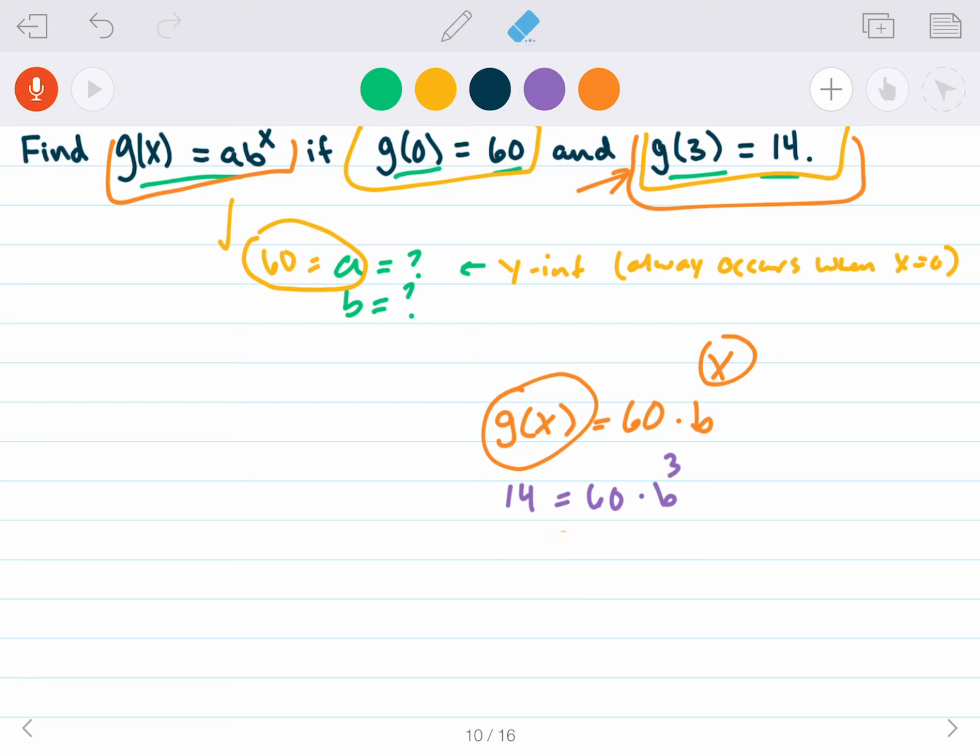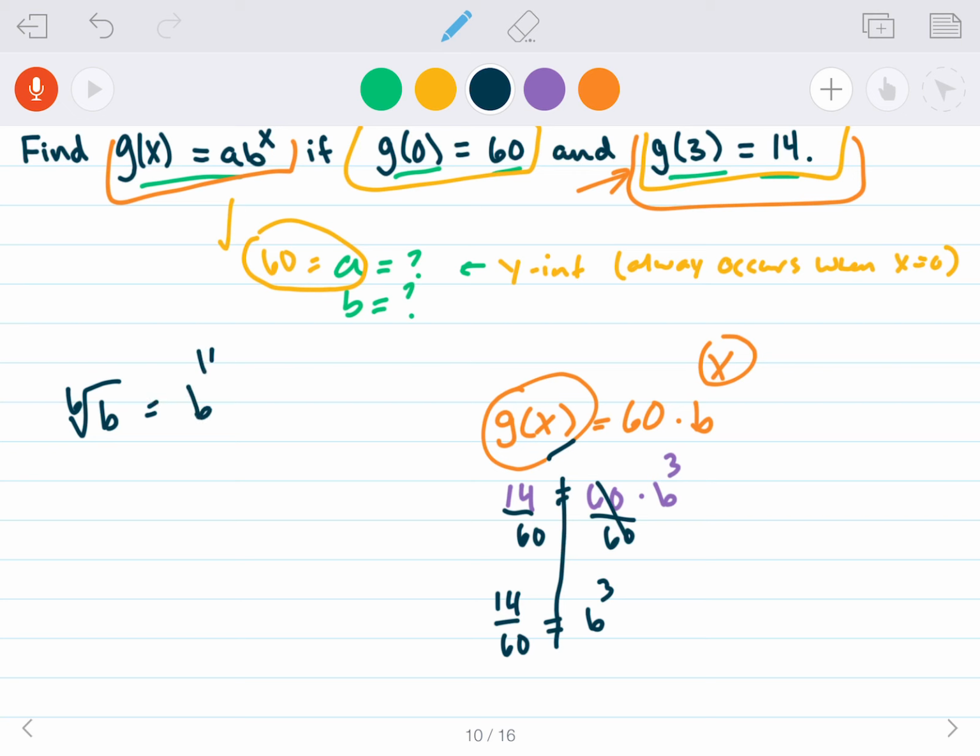So if I draw my line through here, I want to isolate b, so I can first divide 60 on both sides to get rid of that. And so I get 14 over 60 is equal to b to the 3. And just like when we looked at the 6th root of something equaling b to the 1/6, if we want to third root something on both sides, that's the same thing as taking the 1/3 of both sides.